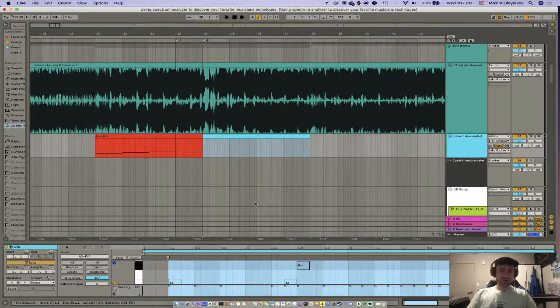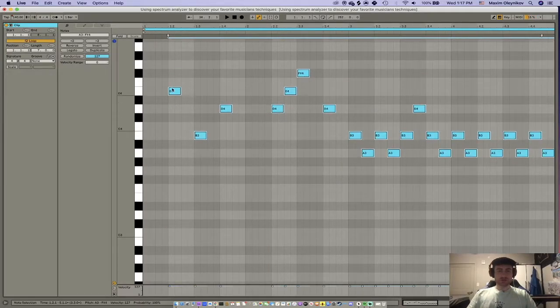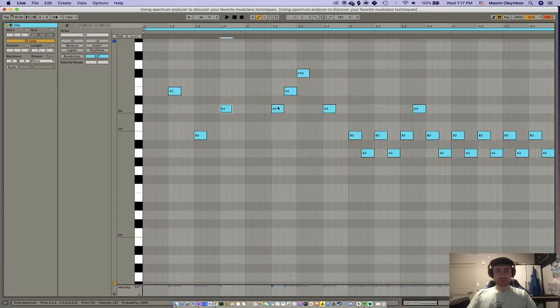You can do this process one note at a time, and eventually you can recreate the melody. This is a really easy way to recreate melodies and figure out things from a song that you wouldn't otherwise be able to do by ear.